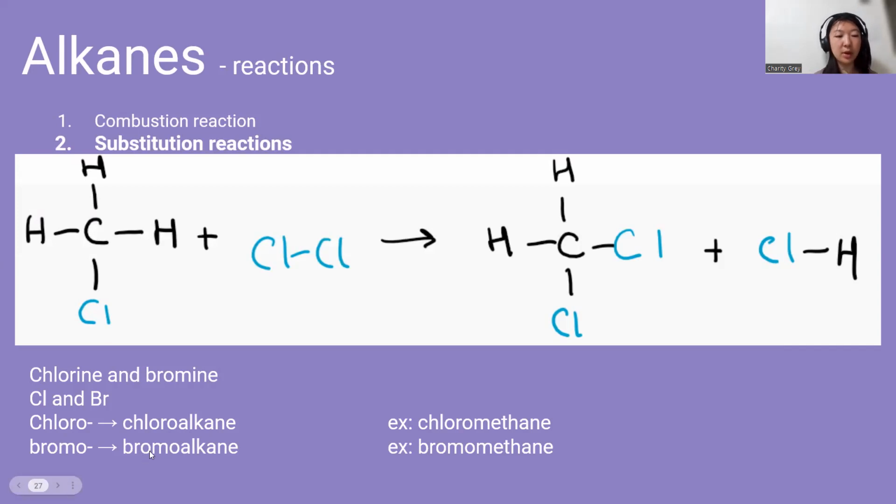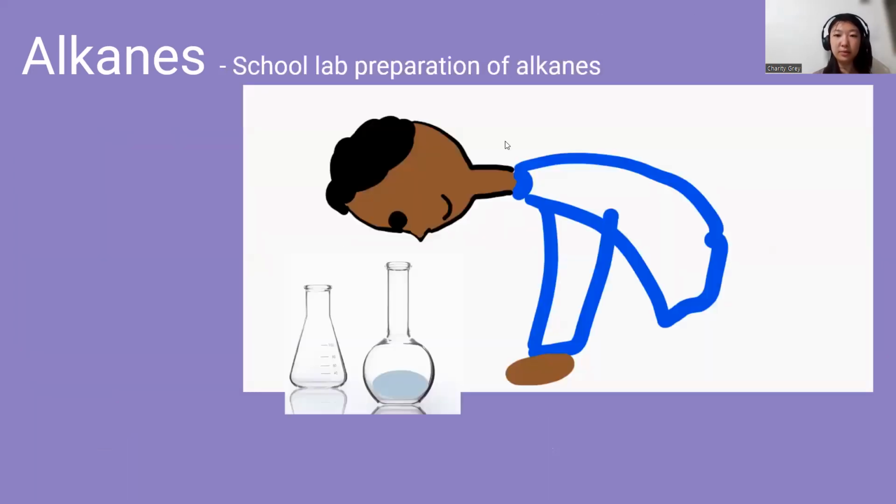Same thing for bromine. You add the prefix bromo in front of the alkane. So here, if this was a bromine instead of a chlorine, you would call this atom bromomethane. And again, UV light, very important. And the sun counts as UV light because the sun's rays have many rays. It has visible light and it has UV light. So if you do it inside sunlight, with enough UV light, this is a reaction that's possible.